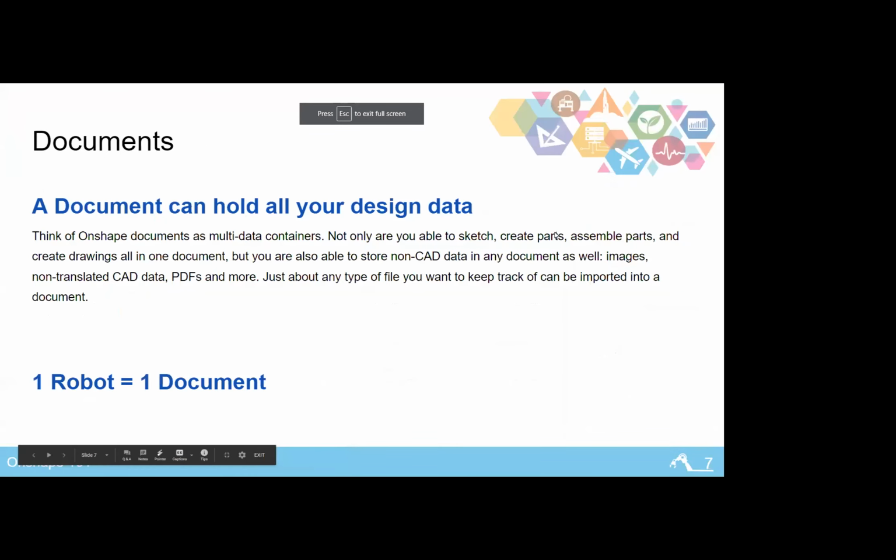All right. So a document in Onshape is your robot. The document holds all your parts, all your assemblies, all your drawings, all of your other files. Maybe you have a component on your robot that you want the data sheet for, so you can put a PDF up there.